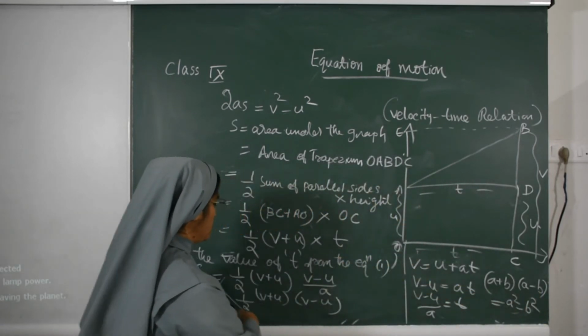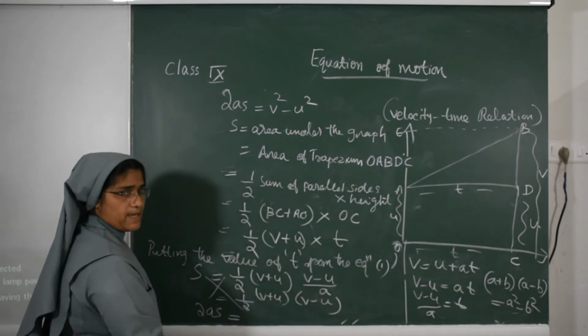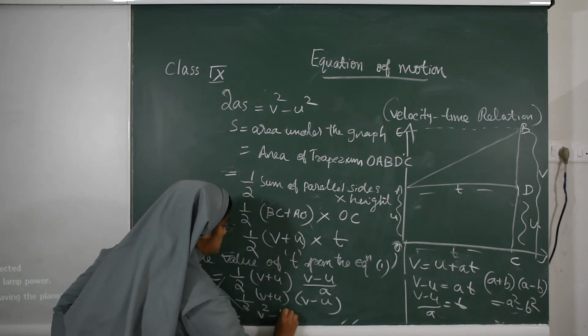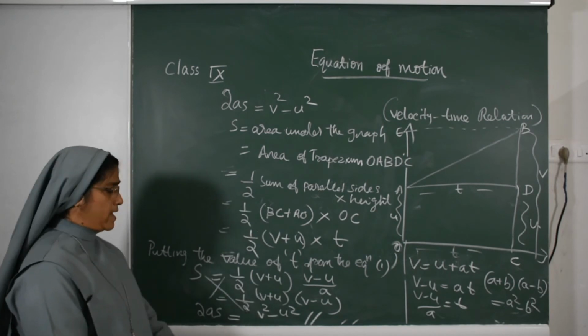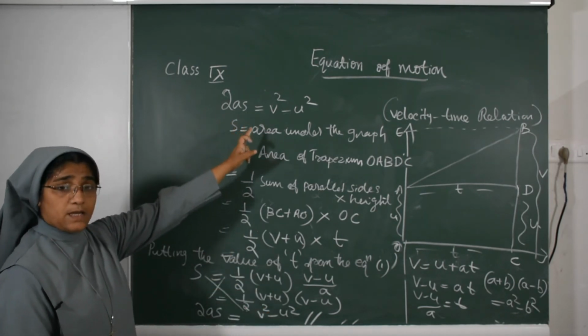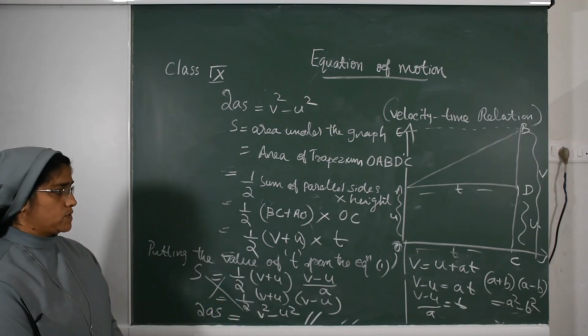We can use this here: V plus U into V minus U is V square minus U square. So 2AS is equal to V square minus U square. This is the equation.